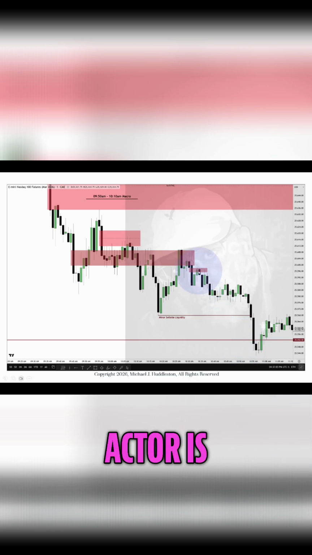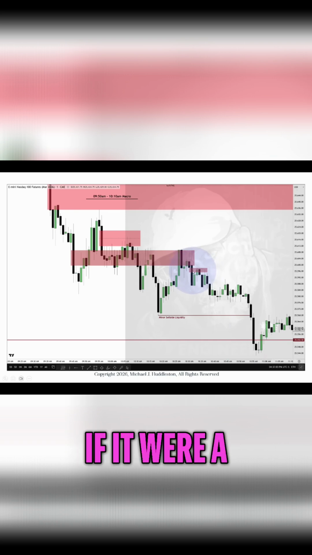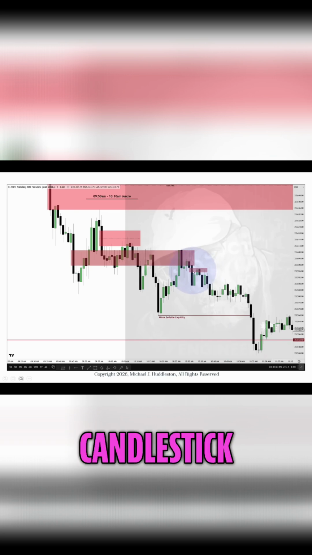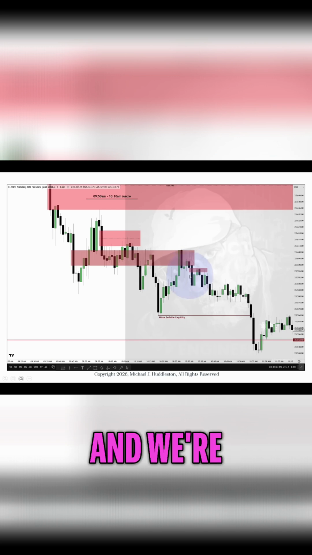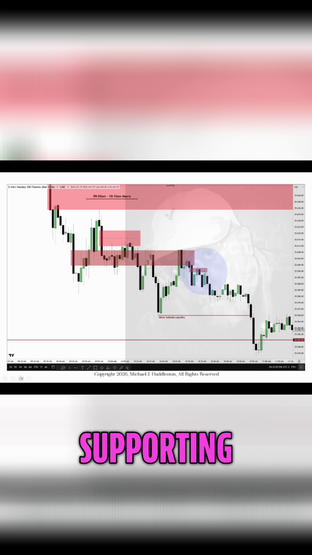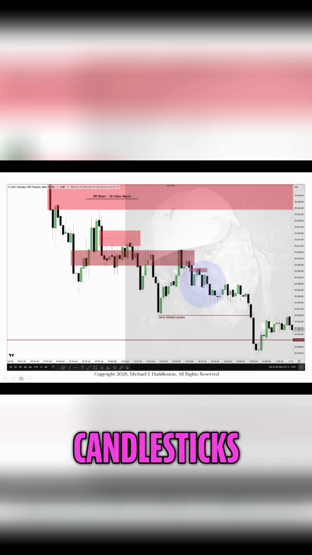The supporting actor is saying, yes, this person, if it were a person, we're going to personify the candlestick. This actress is falling apart. And we're going to show that she's falling apart because we can't overtake the high of that. And we're stopping right in the middle with the bodies. And then we have more supporting actors over here with these candlesticks, only going up to half of it.